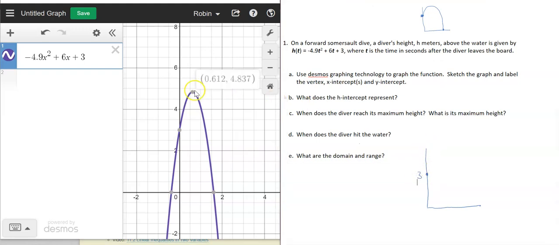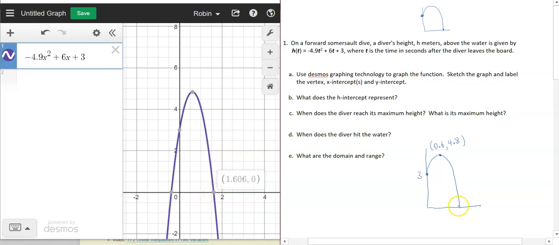Then my vertex, where it goes up and comes back down, is going to be approximately 0.6, 4.8, and my horizontal axis intercept is going to be 1.6, 0. I'm not going to worry about the one over here. It does exist, but in this problem it would be negative time, so I'm not even going to write it. I'm just going to write the one that makes sense in the context of the problem.